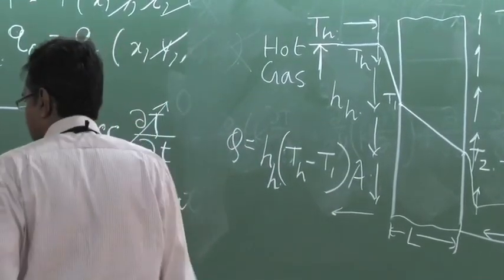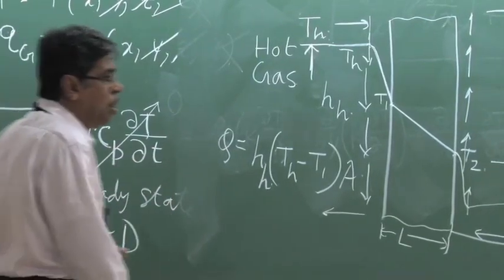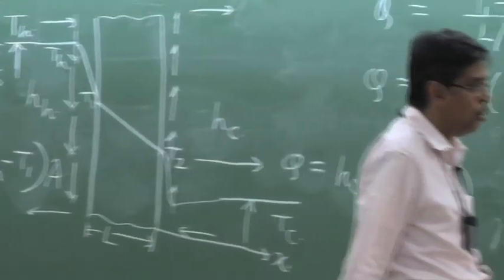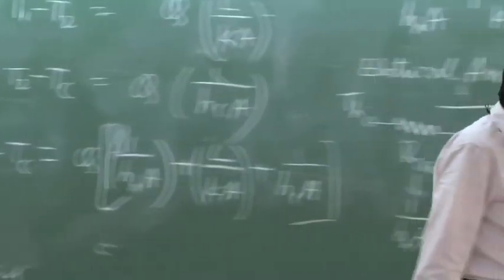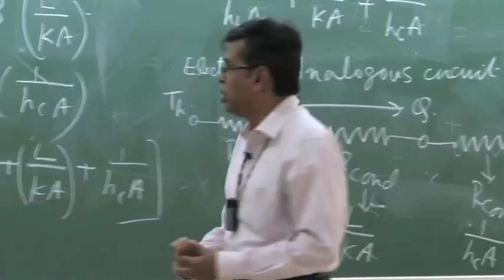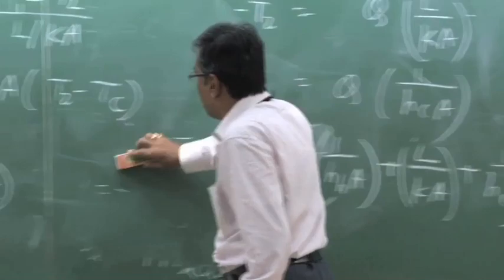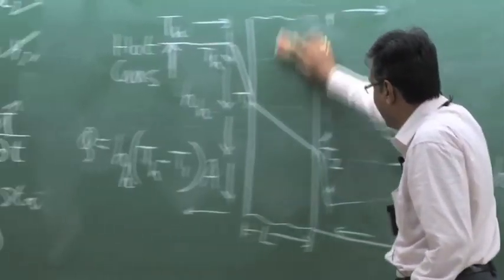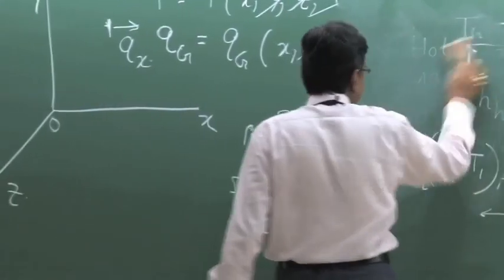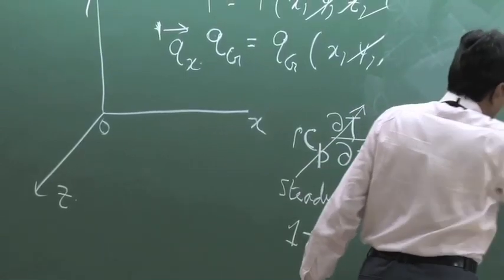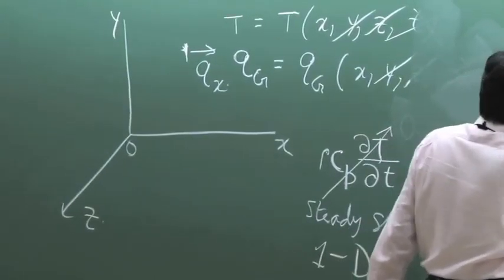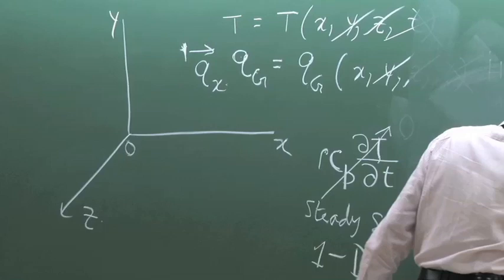Another simple case relating to purely one-dimensional heat flow through a slab or window type or a wall type of thing is like this. Instead, there is a composite wall.